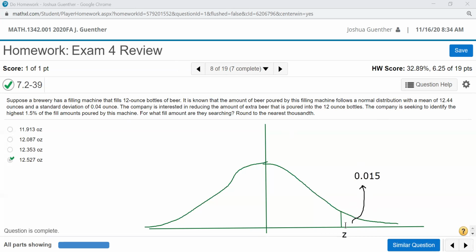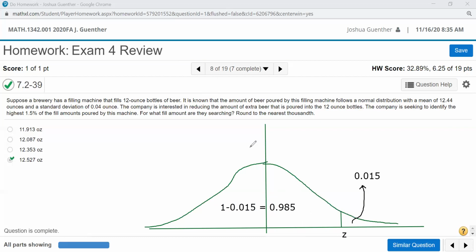You want the z-score that has 0.015 of the data to the right of it, which if you do 1 minus 0.015, you'll get 0.985, which means you're looking for the z-score that at the same time has 0.985 of the data to the left of it. So in the z-chart, you look up 0.985 as a probability, or get as close as you can to it, and look for the corresponding z-score.